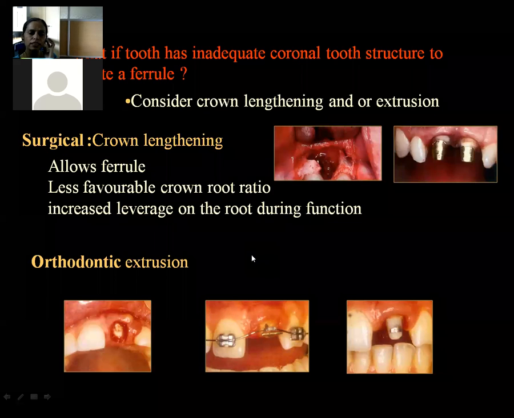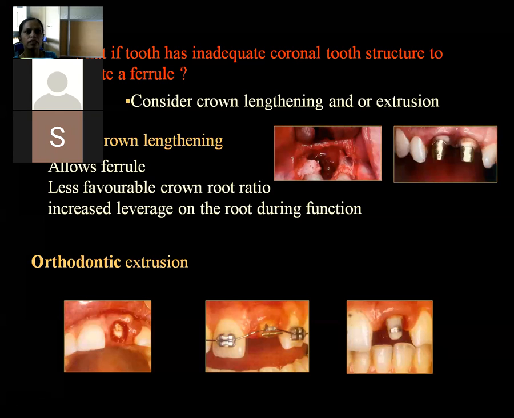It should have a sufficient crown-root ratio. Otherwise, this will fail. It is not that you will have more crown structure and a short root. It won't retain, isn't it? So a minimum 1:1 ratio of crown and root you have to follow.